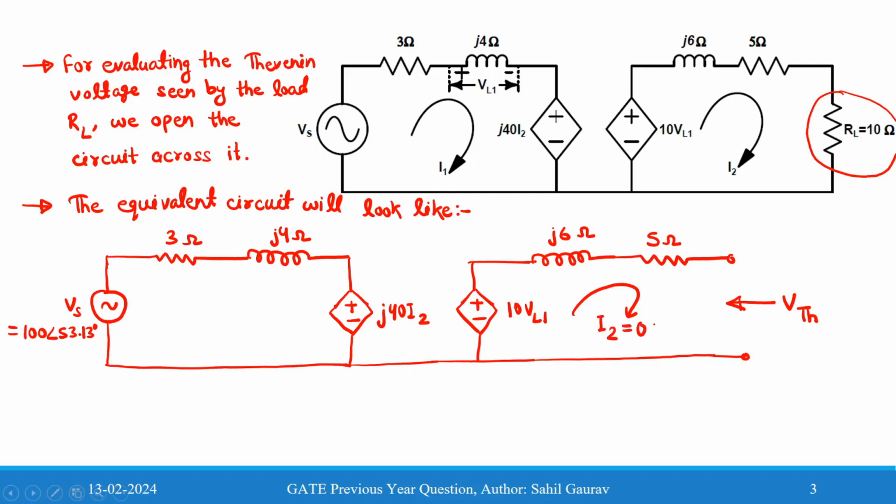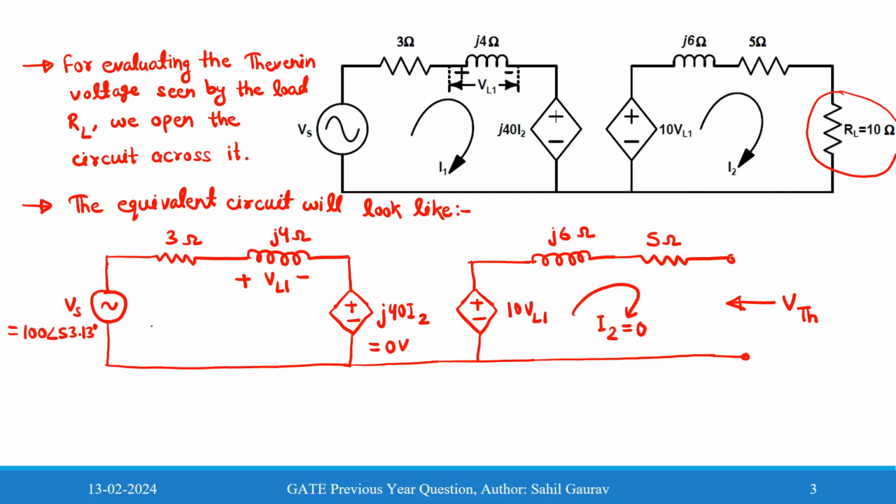No current will flow through this circuit as there is no closed path. This is VL1, that is the voltage across the inductive reactance J4 ohm. Since I2 becomes 0, this current dependent voltage source will also become 0 volt.